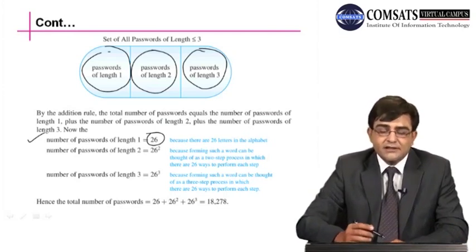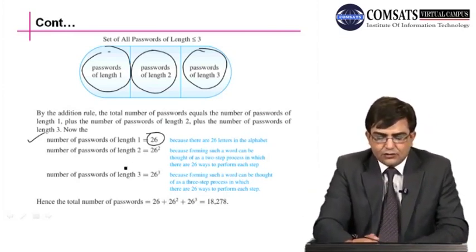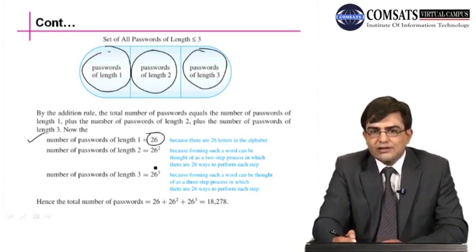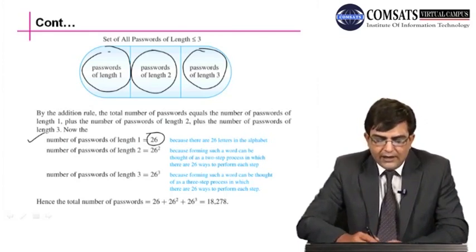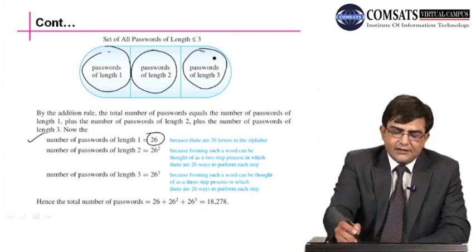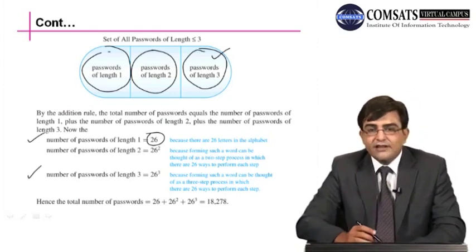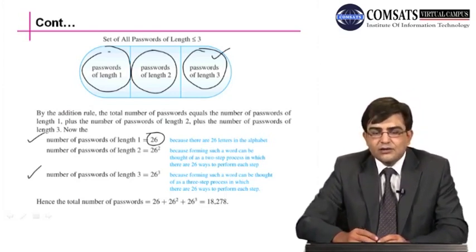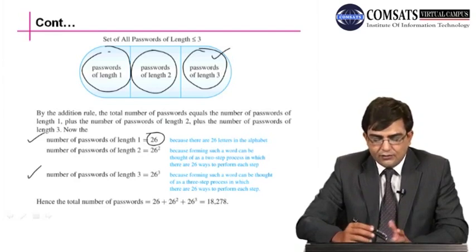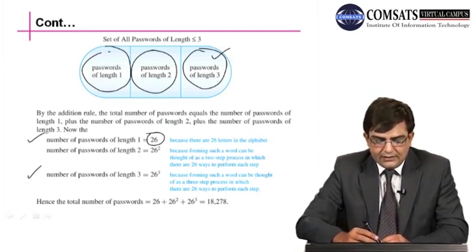Therefore by using the multiplication rule, we can say that the total number of passwords of length 2 is 26 into 26, that is 26 square. And in the third set, the number of passwords of length 3 is basically 26 into 26 into 26, which is 26 cube, because the repetitions are allowed, I remind you this.